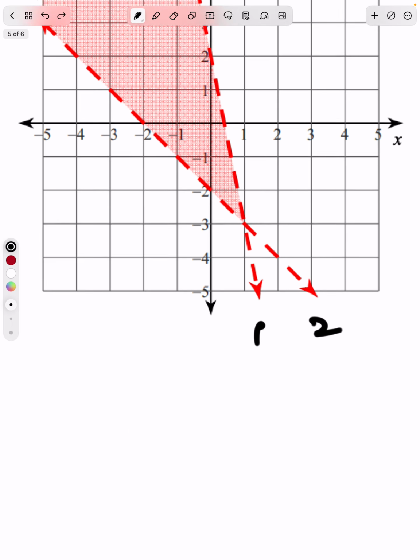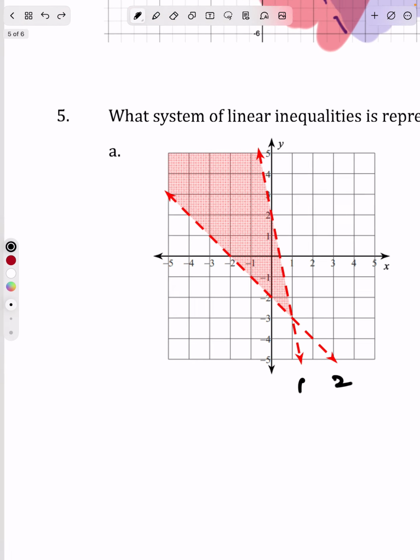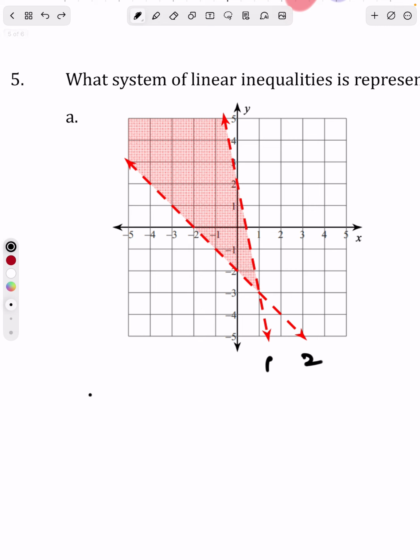So inequality number 1 is comparing y to negative 5x plus 2. It's in slope-intercept form, and I'm shading below, so I'm going to call it less than. Line 2 has a y-intercept of -2 and a slope of -1. And I'm shading above, and that is that.